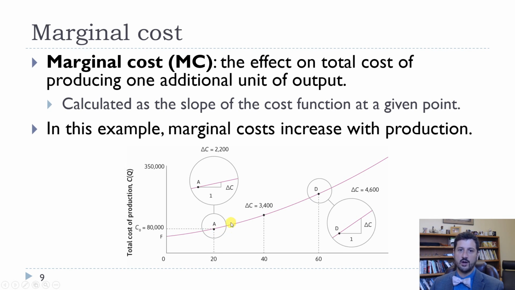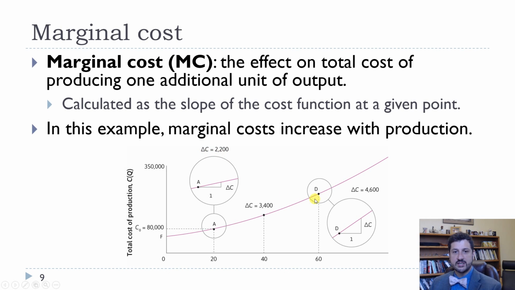But we can always just look at, all right, well, what is the cost of going from, say, 20 to 21, right? And so that's what this little circle is telling us, going from A, where we're producing 20 units at a cost of 80,000, and then we move up to 21. Now that extra cost is this delta C, which is 2,200.